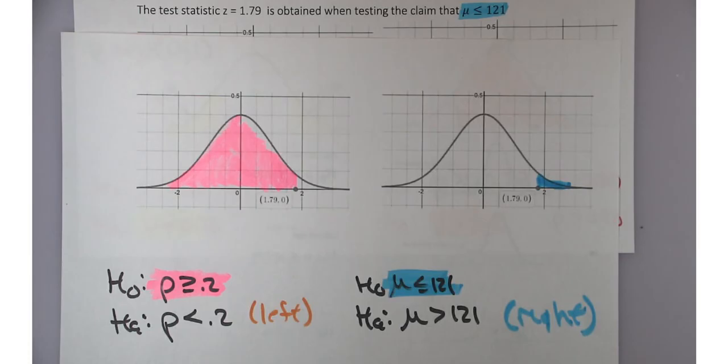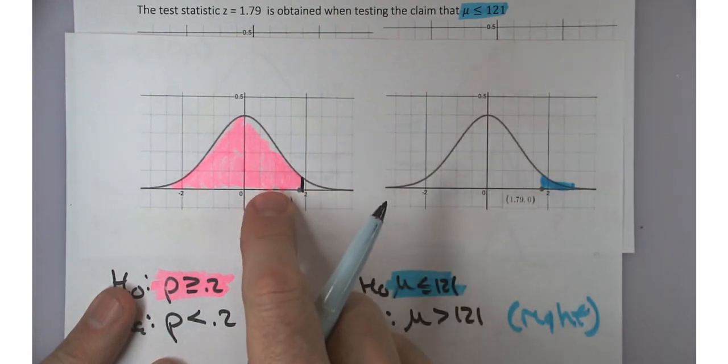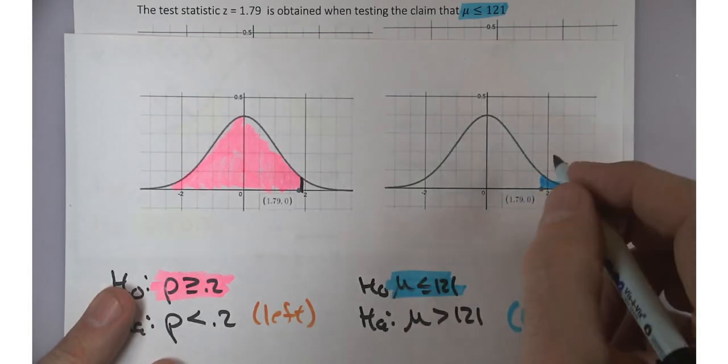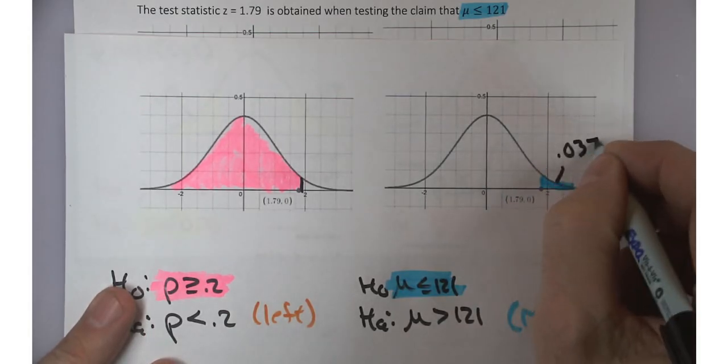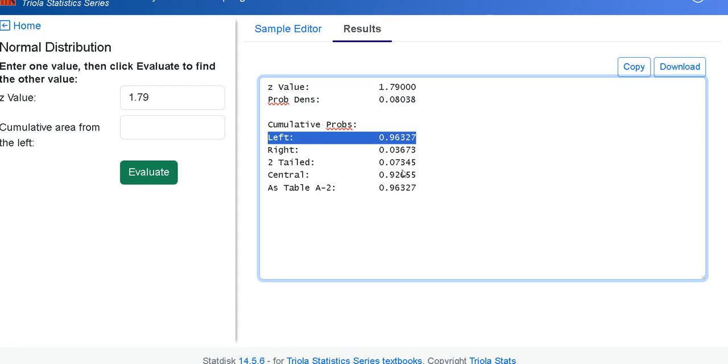Smaller, much smaller. In fact, it's going to be just the opposite of this, right? So instead of 0.963, it's going to be 1 minus that. That's going to be 0.037 for our p-value here. And you can look that up just by looking back at our results from our previous one. It's going to be the area in the right tail, and there's your 0.037. So that's our p-value on that one.